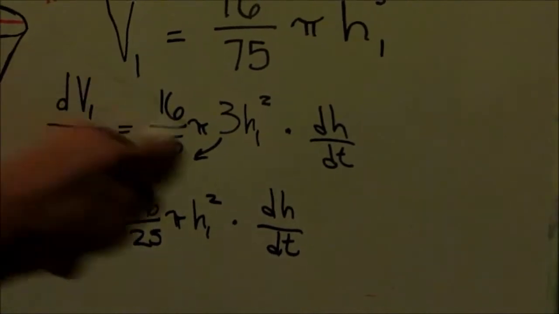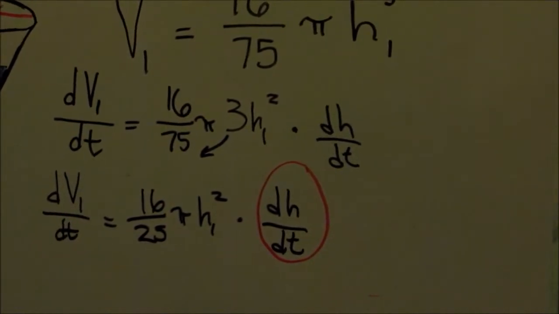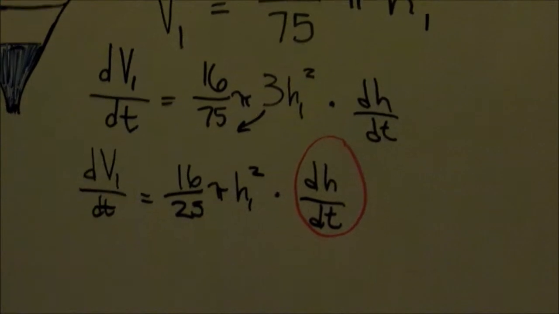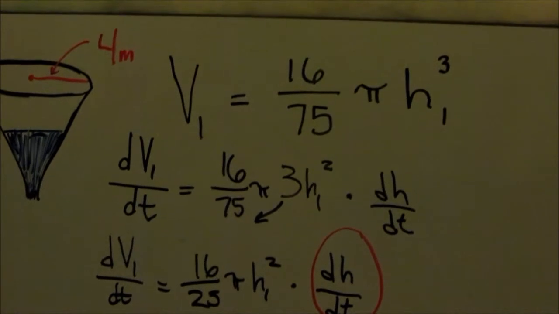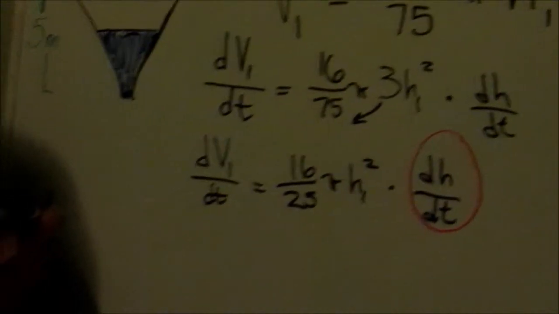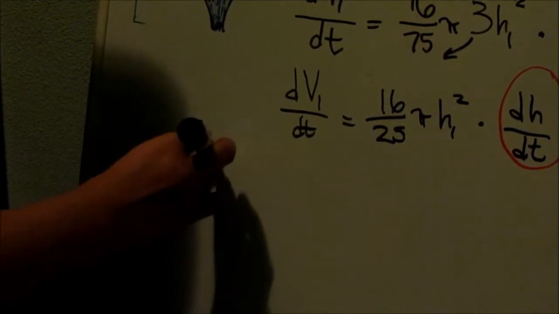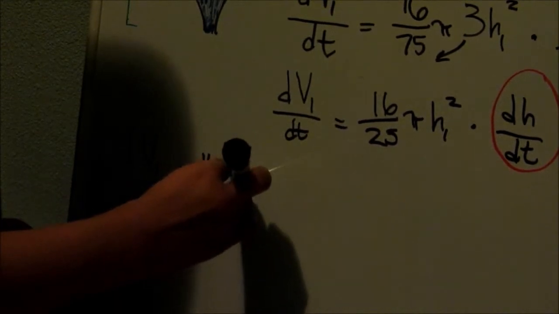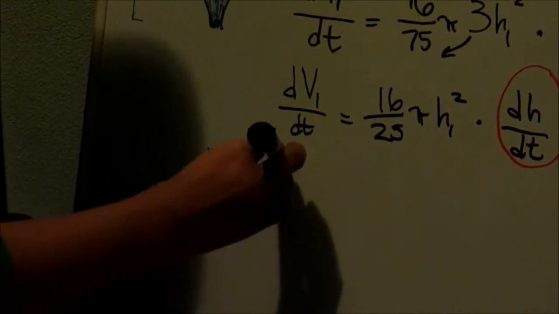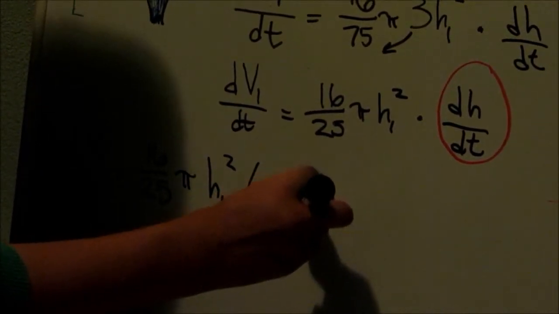We were given the derivative of H with respect to t. We were told the water level in the top tank drops at a rate of 0.5 meters per minute. So we can plug in negative 0.5 into the derivative. The derivative of V sub 1 with respect to t equals 16 over 25 pi times H sub 1 squared times negative 0.5.